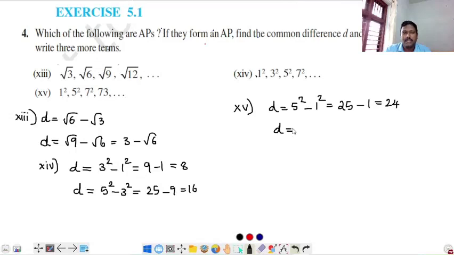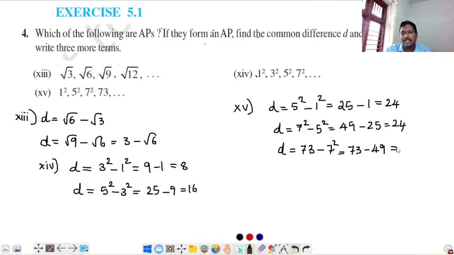Now the next D we can find: 7 square, the third term, minus the second term 5 square, that is 49 minus 25, equal to 24. Now the next common difference, D is equal to 73 minus 7 square, that is 73 minus 49. 73 minus 49 is how much? That is equal to 24.